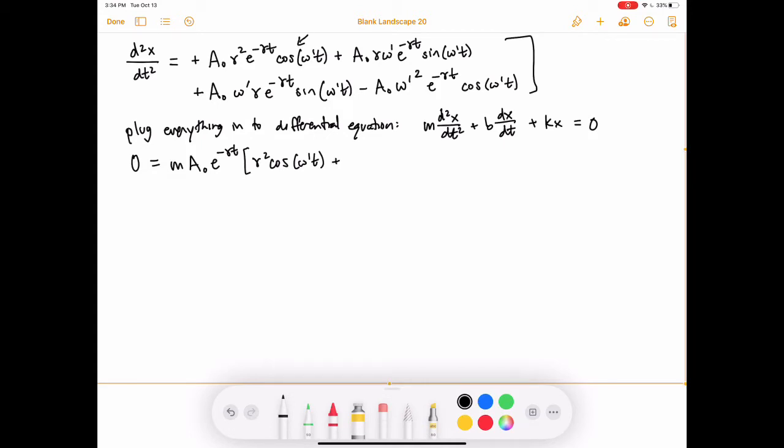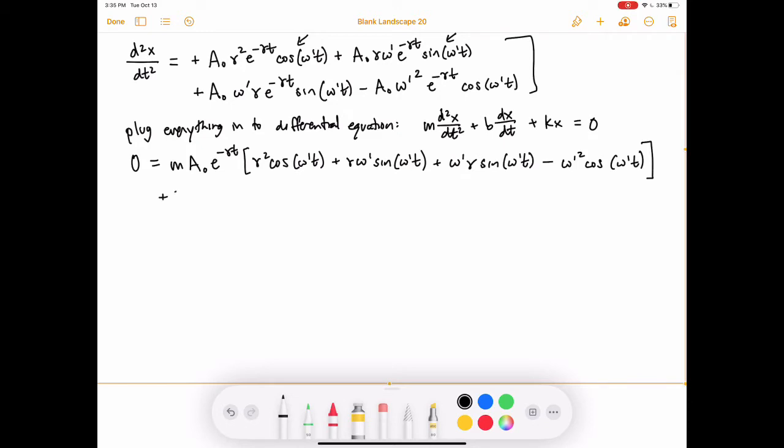The next one is going to be gamma times omega prime times sine omega prime t from this guy. The third term is going to be omega prime times gamma times sine omega prime t. And then finally, we're going to have minus omega prime squared times cosine omega prime t. So that's the second derivative multiplied by m.